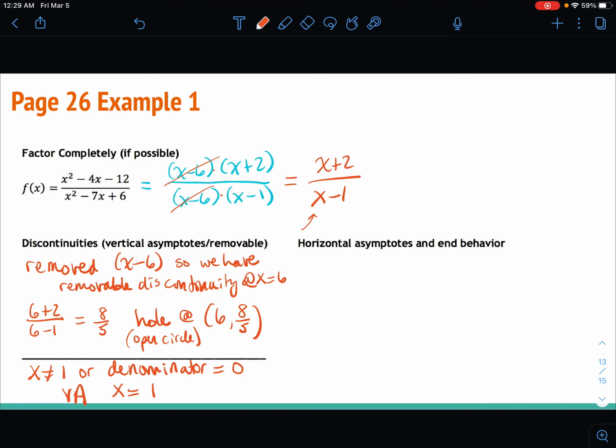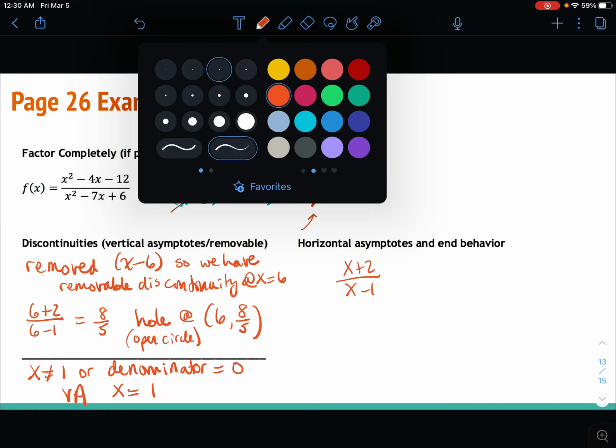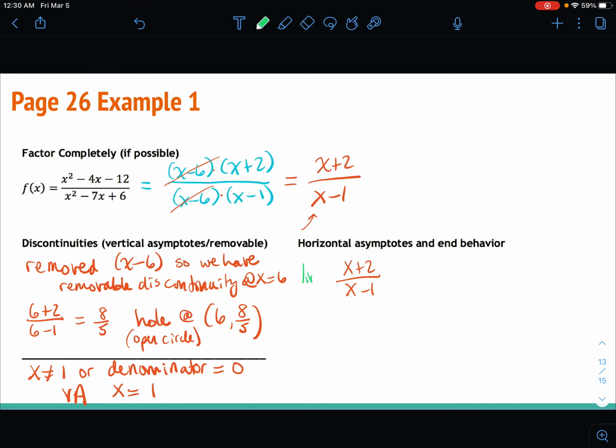Okay, horizontal asymptotes and end behavior. So again, we're going to take this after we cancel, we'll take this cleaned up version here. And we want to go ahead and try to figure out what the horizontal asymptote and end behavior would be. So this is where we're thinking about limits.